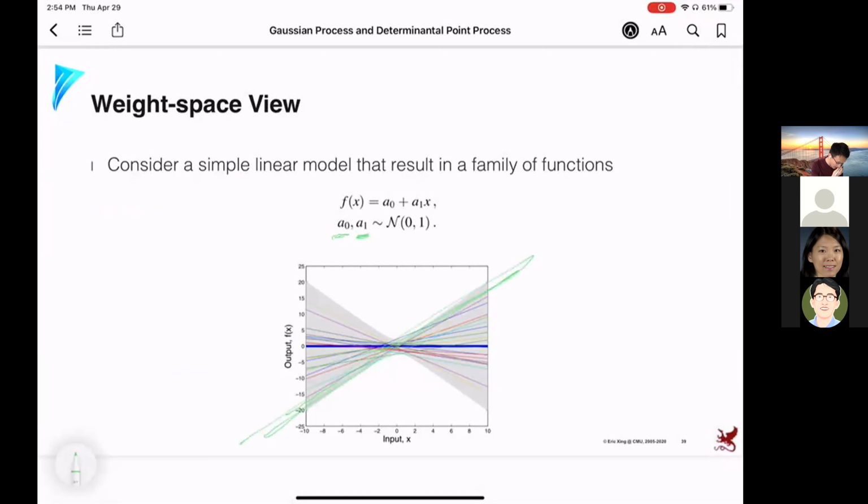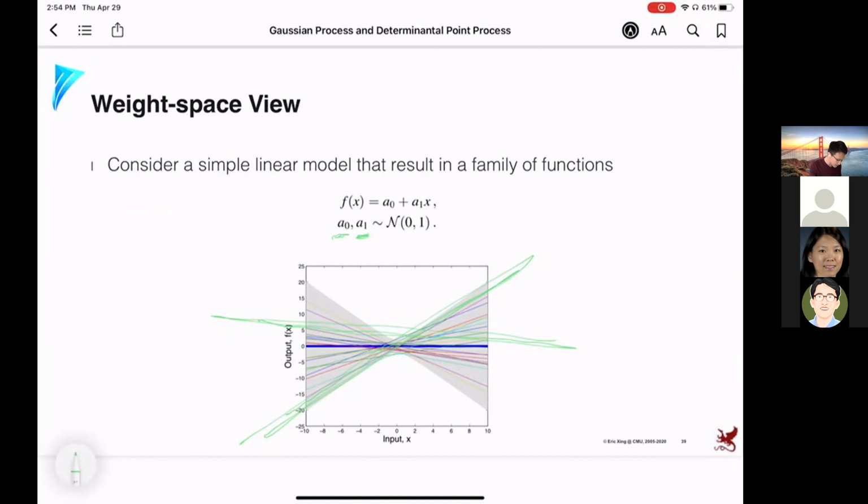If I get another set of a0 and a1, I may be able to draw another line on this graph. So ultimately, for the distribution a0 and a1 follow, I'm going to get a distribution of f(x), or in other words, a family of functions of this f(x).